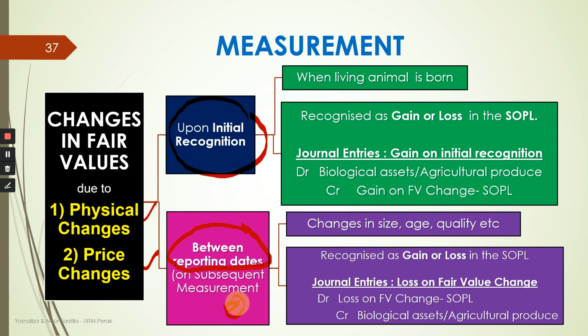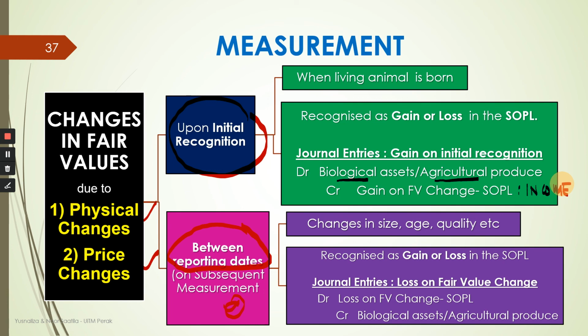For initial recognition, this is a journal entry depending on whether there is a biological asset or agricultural produce. If it's a gain, you will debit the biological asset and you will credit the SOPL as part of the income. Right. So if let's say there is no gain but there's a loss on the initial recognition, you will do it vice versa. And the gain or loss between reporting dates, let's say this is the gain.